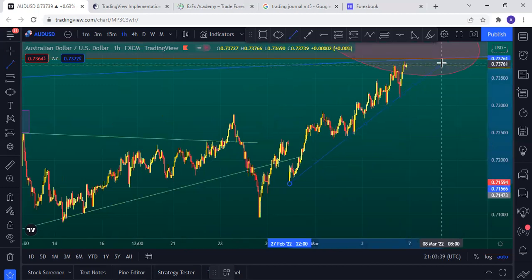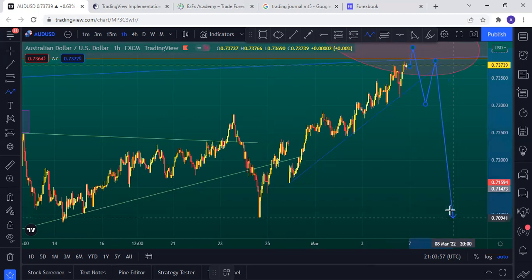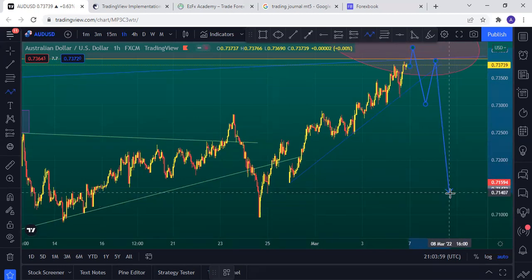All right, so that's a trend line on the 1 hour time frame, which means apparently that if I'm able to get a movement, we might be expecting something like this.